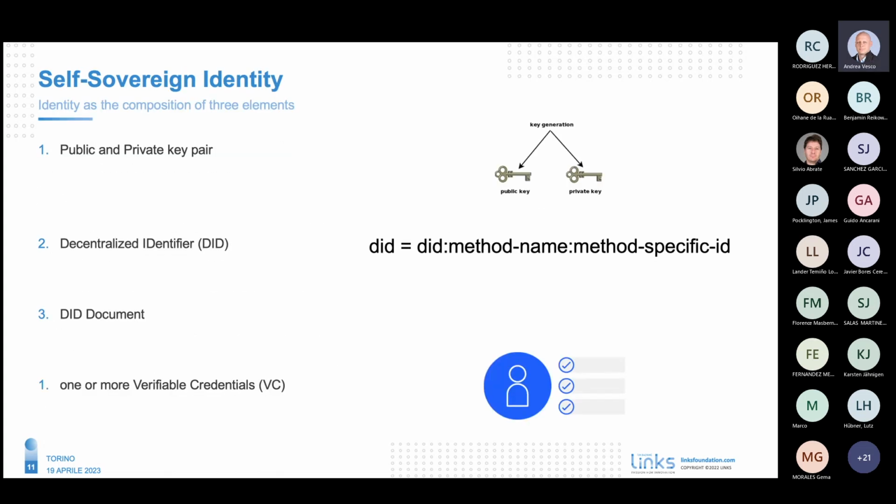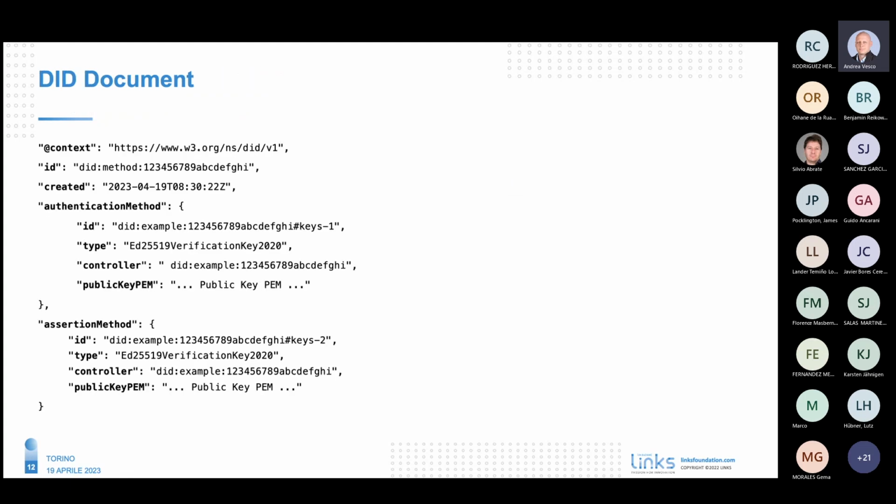If you remember, your identity is the composition of four different components, and you refer to a specific object in the infrastructure: he creates his own public and private key pair. He defines his DID. He stores the public key on the ledger through a DID document. He receives one or more verifiable credentials from issuers.